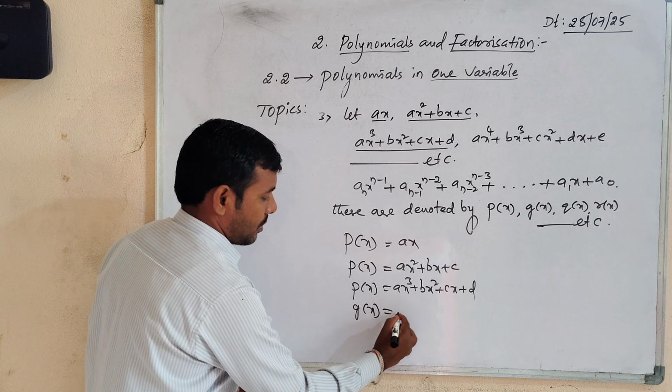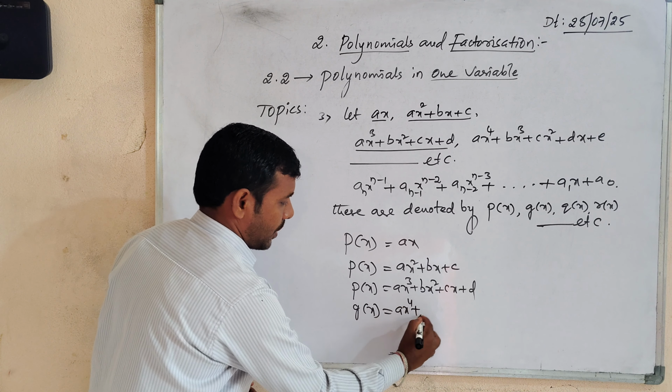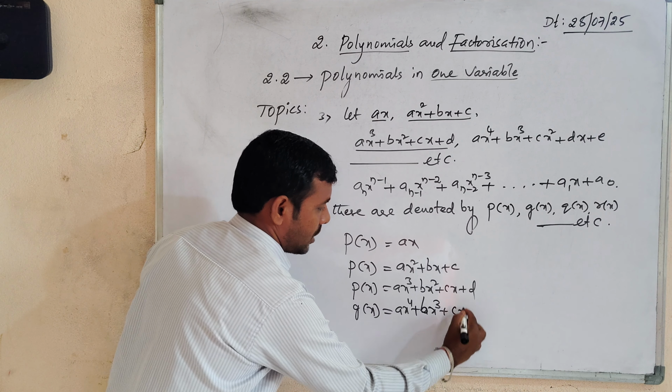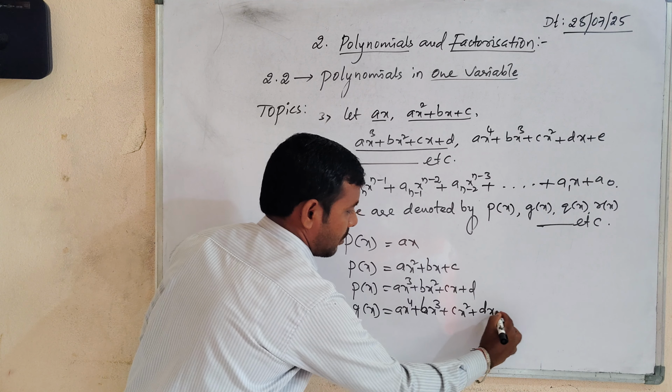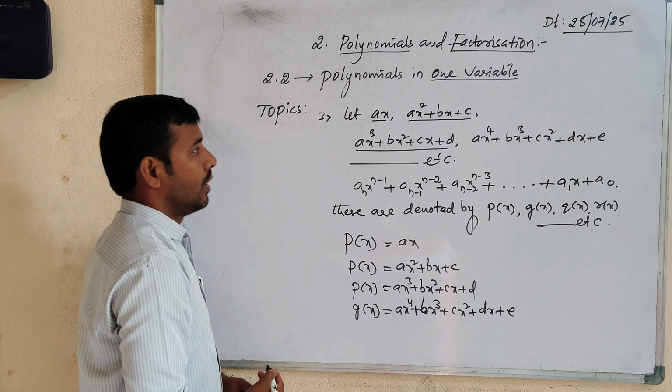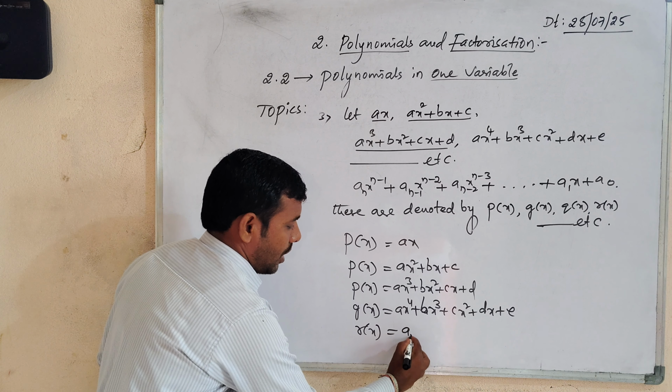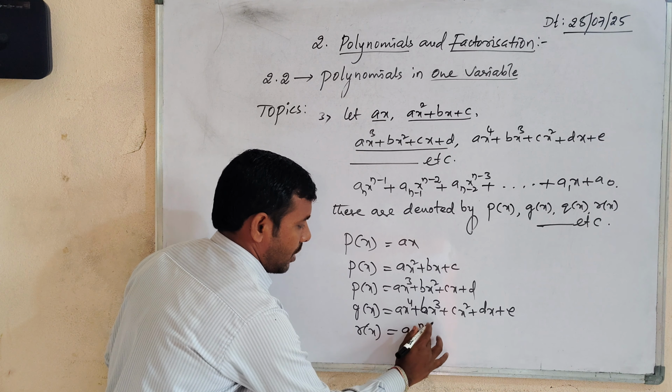G of x is equal to Ax to the power 4 plus Bx cube plus Cx square plus Dx plus E. Now R of x is equal to An x to the power of n.